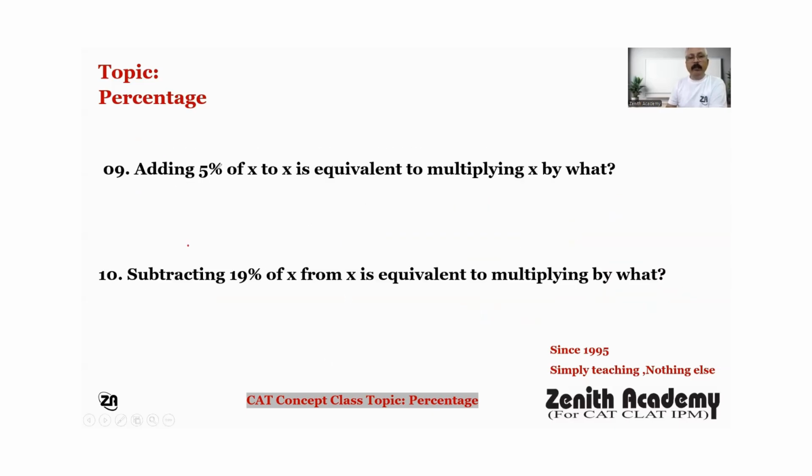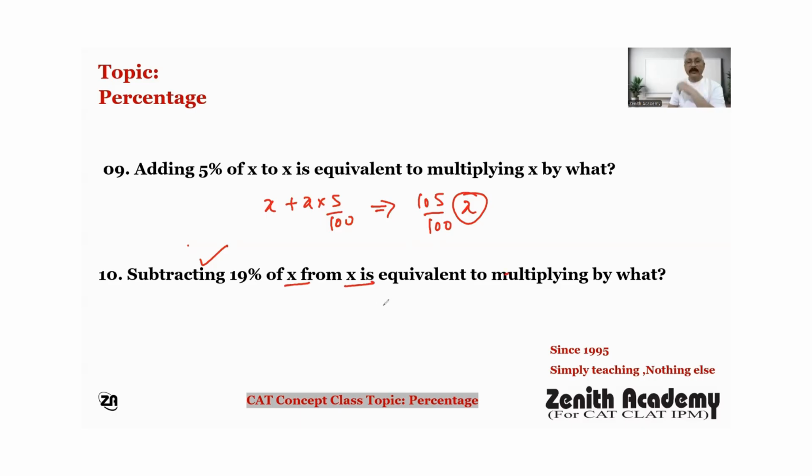Adding 5% of x to x is equivalent to multiplying x by what? So look here, if x has its own 5% added, it becomes 105% of x. So if you add 5% to any number, the resultant will be 105% of the original one. Like here, subtracting 19% of x from x is equivalent to what?